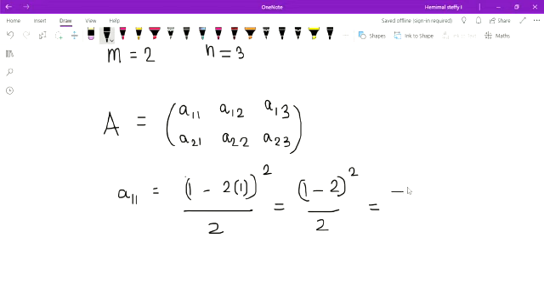Minus 1 whole square gives plus 1. So the answer is 1 by 2.